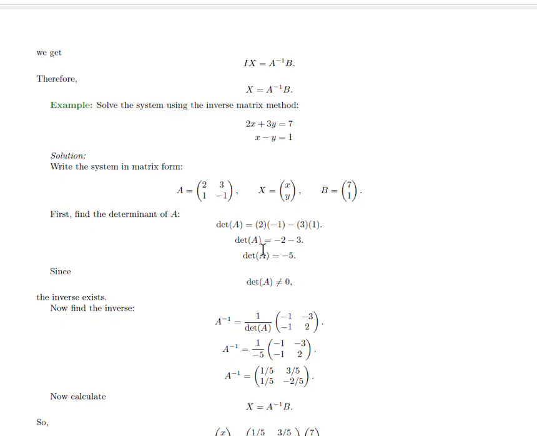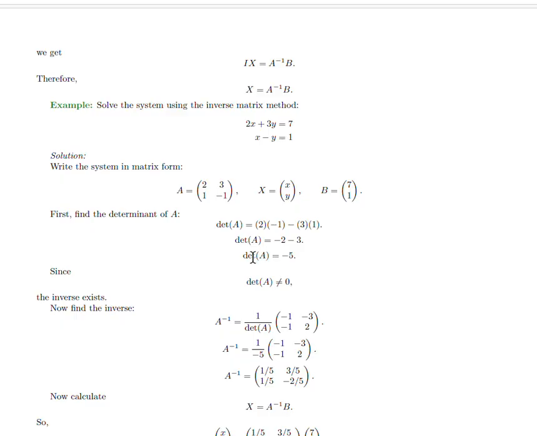So it implies that our matrix A is invertible, and since A is invertible, it means that A can have an inverse. If your determinant is 0, this fraction becomes undefined, and that's why matrix A therefore is non-invertible in that case.